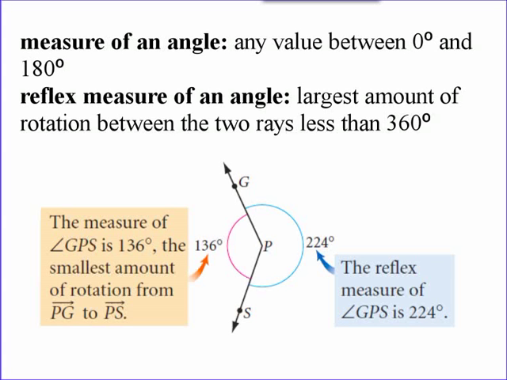So there's a little diagram below there that should help you with reflex measure. Notice they have GPS is 136 degrees, and then the reflex measure of angle GPS is 224 degrees. So the reflex measure is always the largest angle, the largest amount of rotation.